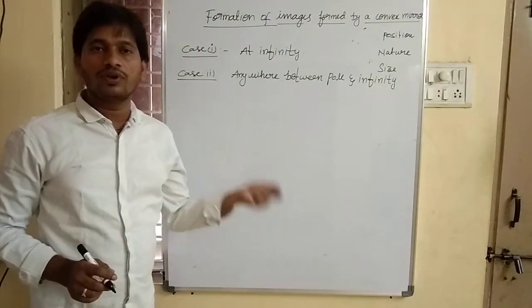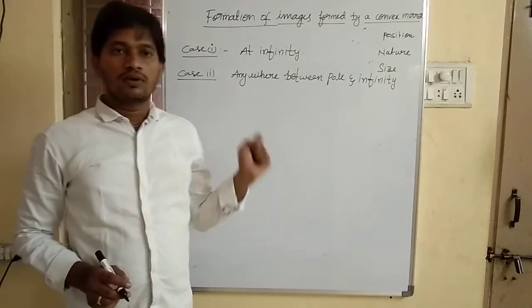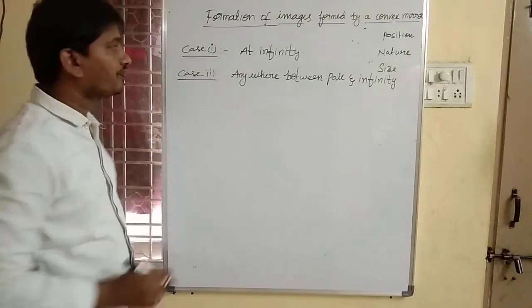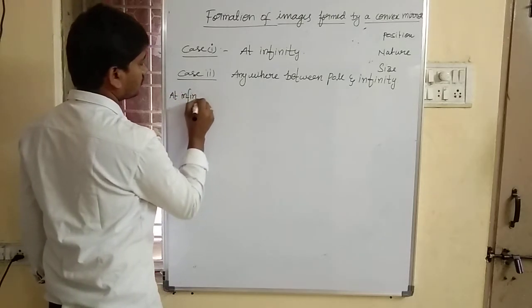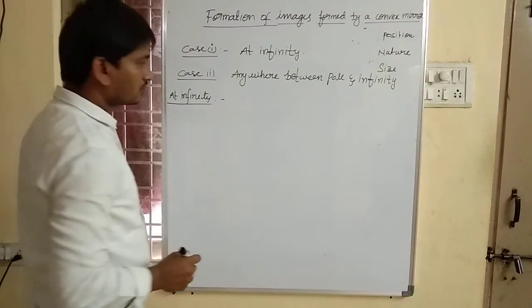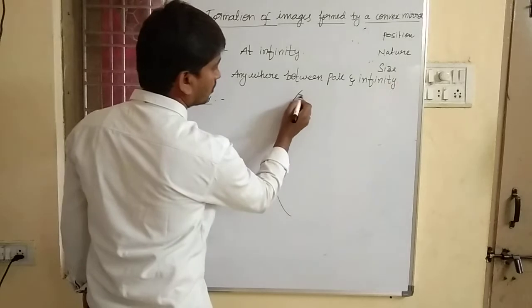Where is the position of the image formed by a convex mirror? So let us find out the position of images formed by a convex mirror. So the first case is at infinity. Case 1 is at infinity. This is our convex mirror.